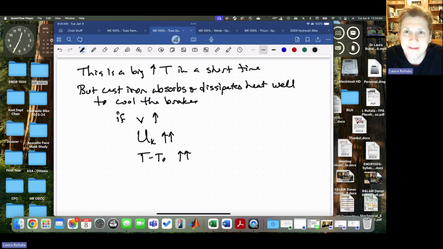And then we talked about heat and what heat is. Heat is not the same thing as temperature, but they go hand in hand. But it's the transfer of energy. That is what heat is, energy in transit. And then we talked about conduction, convection, and radiation.